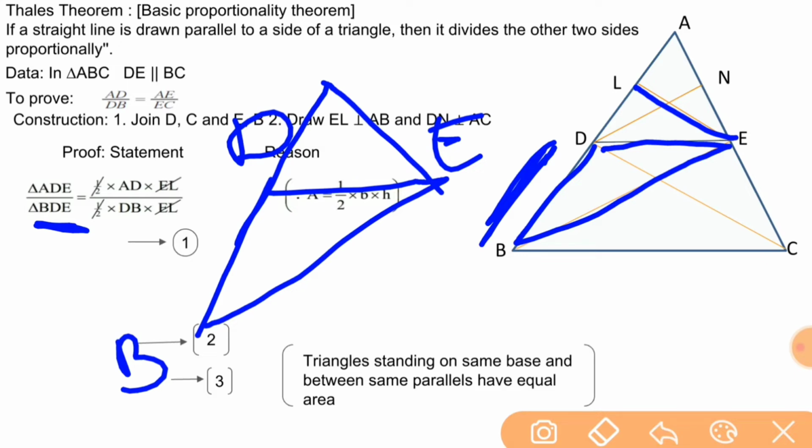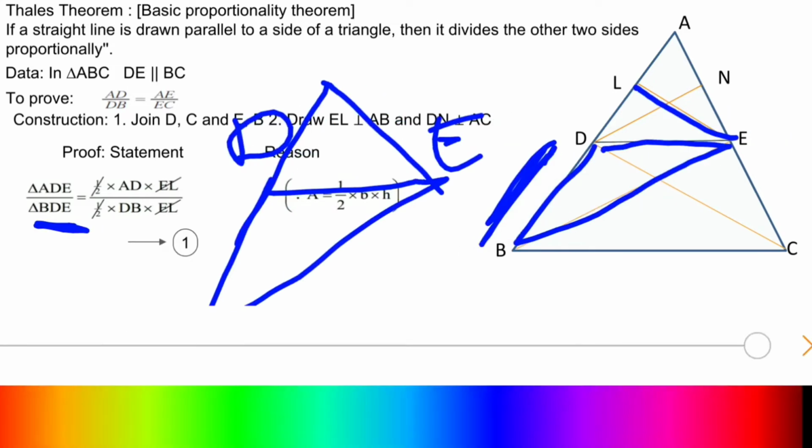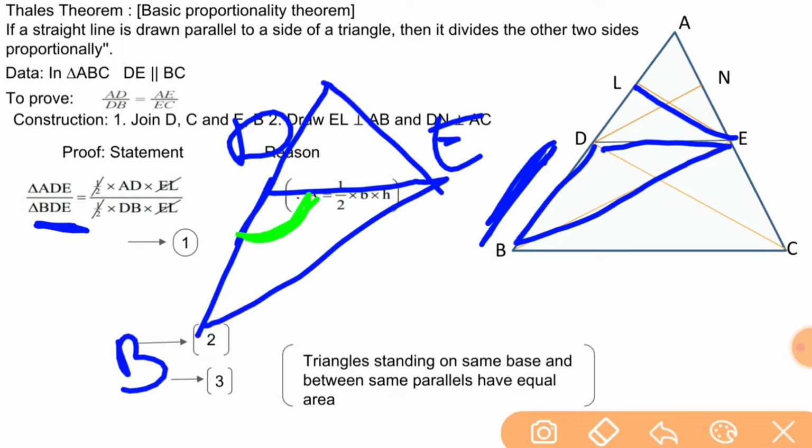I am going to change the color. See, this angle is more than 90. If such a triangle is there, the altitude will be outside the triangle. That is, if you extend the line of the base, and get the height, the shortest distance from the vertex to the base, that becomes the height of that triangle.